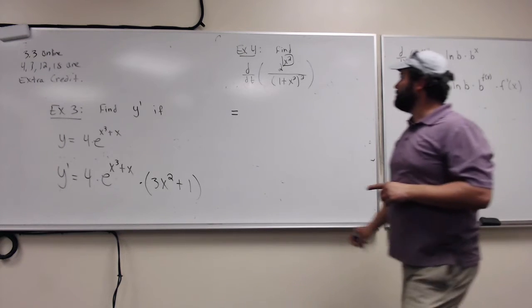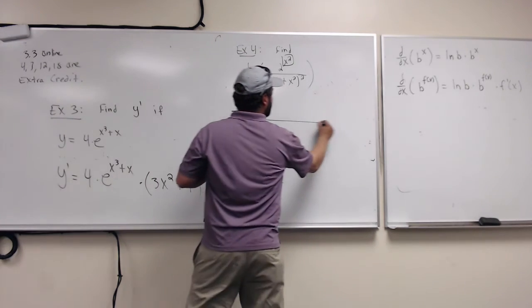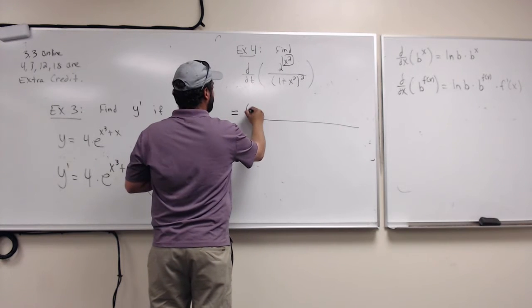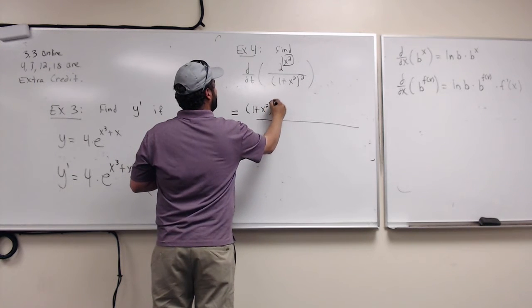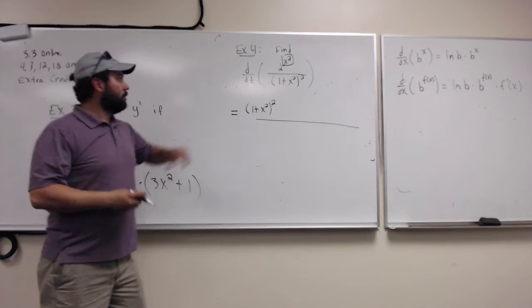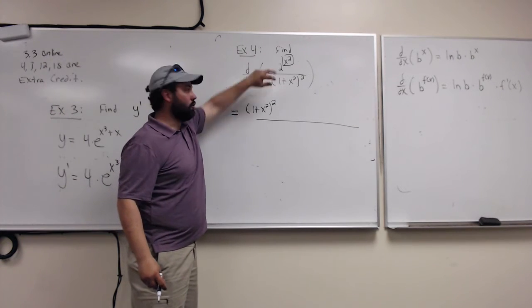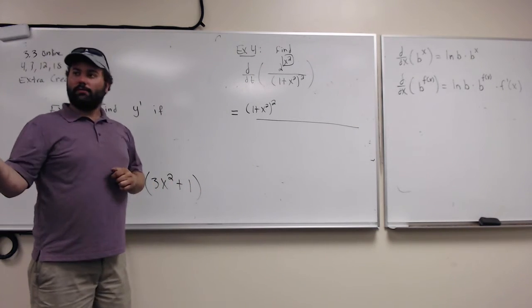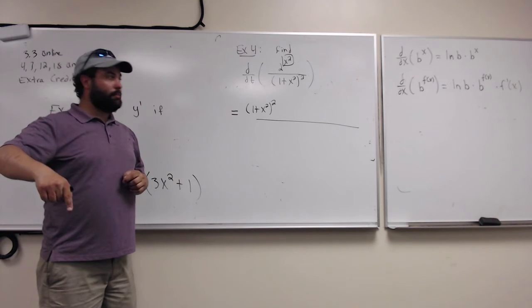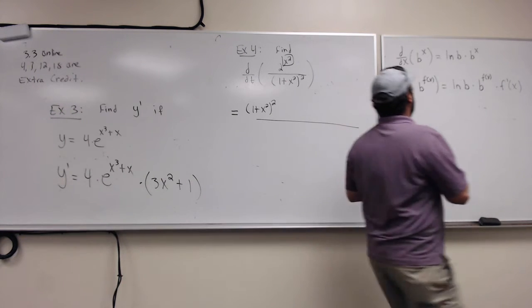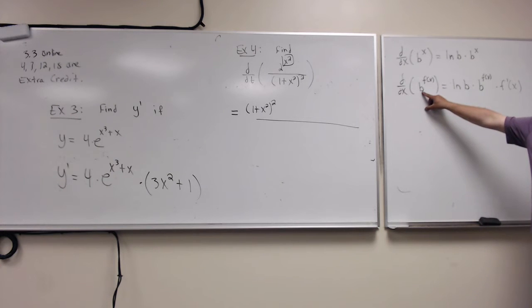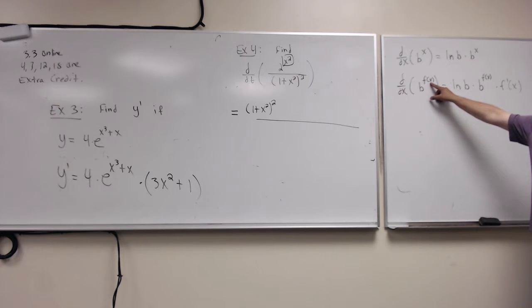So maybe it's okay to intervene here. If you're going to start using the quotient rule, because ultimately this is a fraction or a quotient, what is it? The bottom times the derivative of the top. And we're using this formula where the base is 2 and the f of x is x squared.